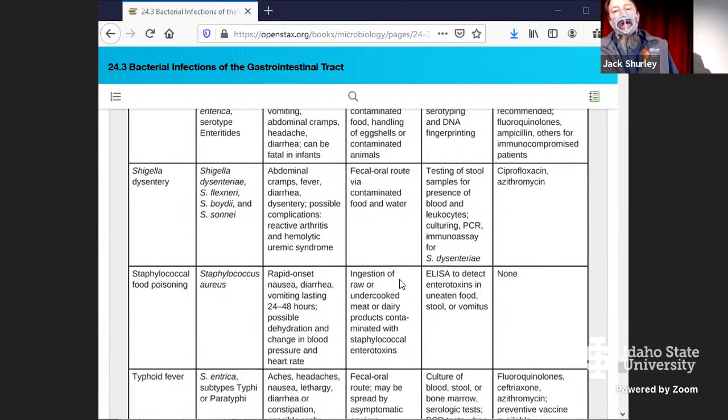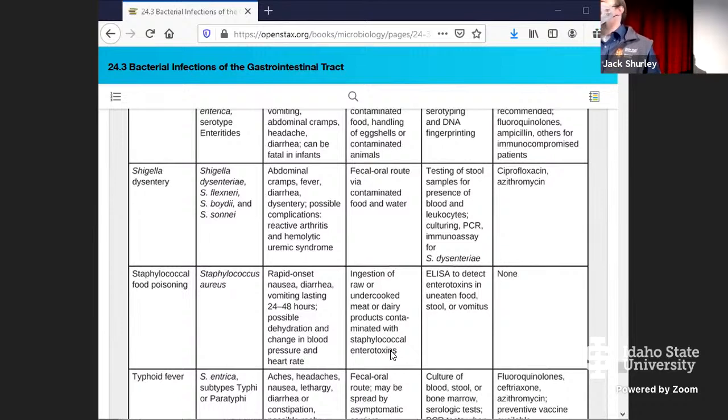So raw, undercooked meat, dairy products contaminated with the staph. Dairy products are a good one with staphylococcus. So creams, custards, dessert types of things like that set the stage. Whipped butter might be a possibility. Something that was prepared and then popped into the refrigerator.